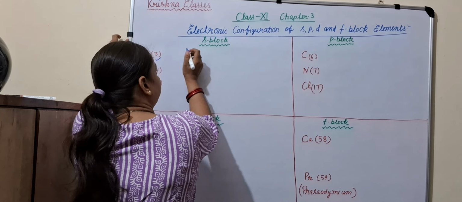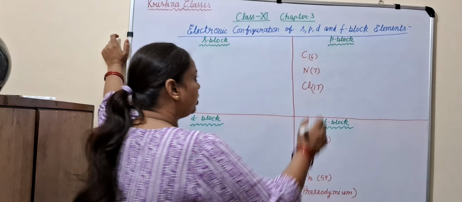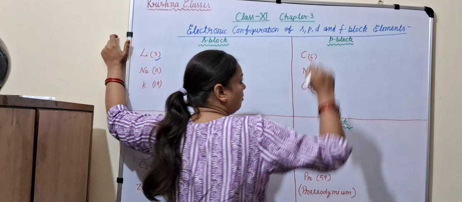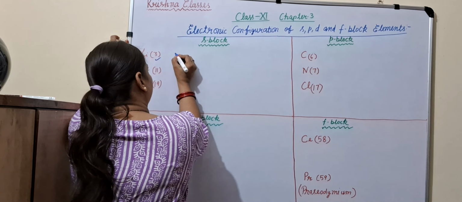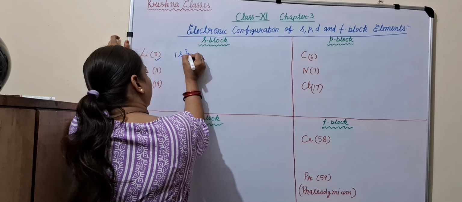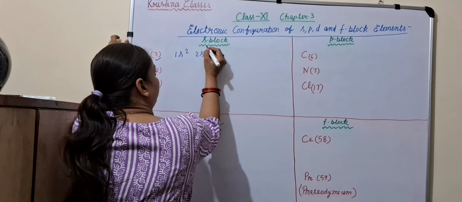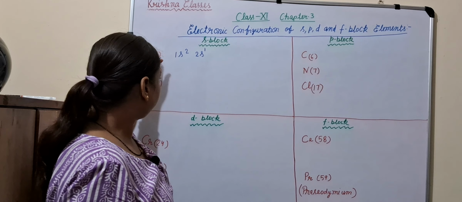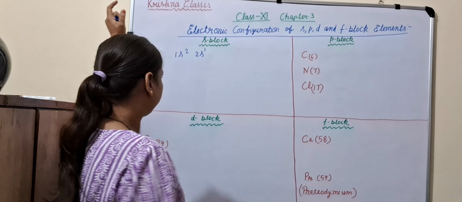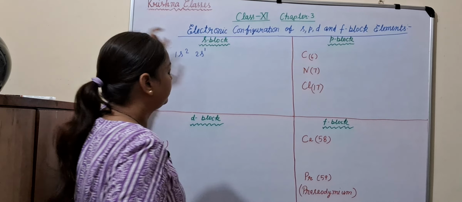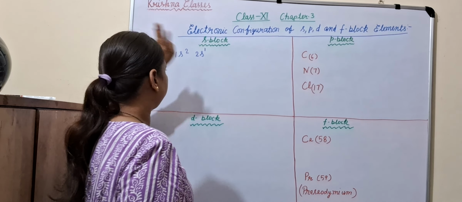Now start the electronic configuration. We will do it in S, P, D and F subshells. 1s2, 2s1 only, because here the number of electrons is 3: 2 and 1, 2 plus 1 means 3.